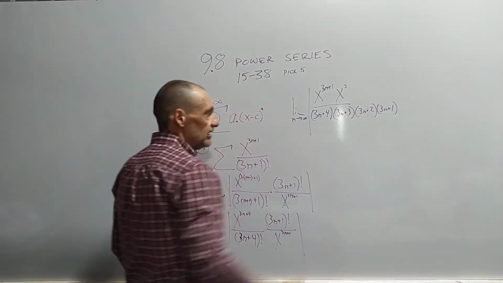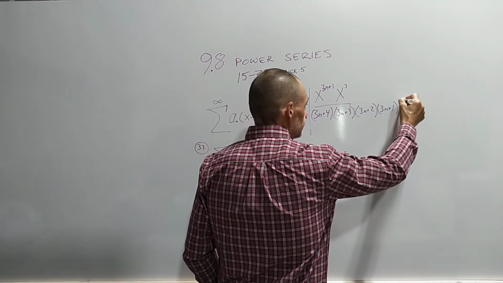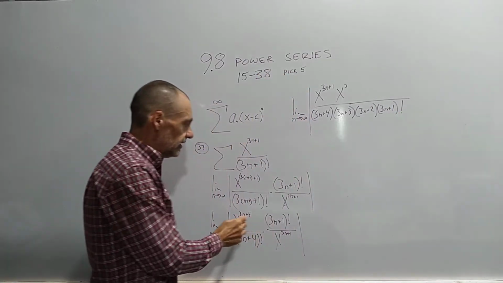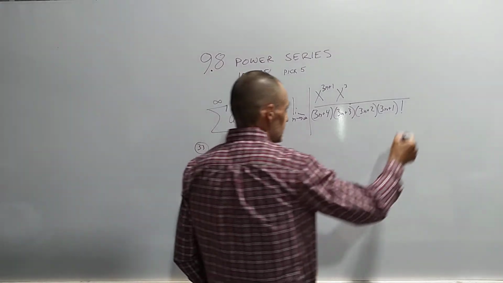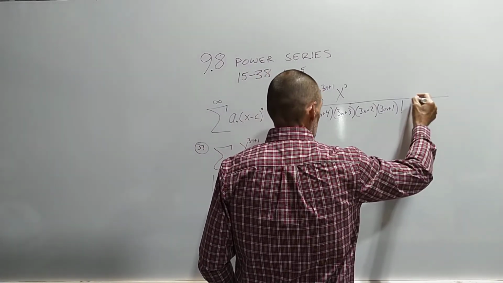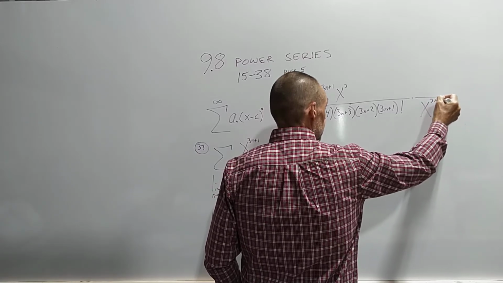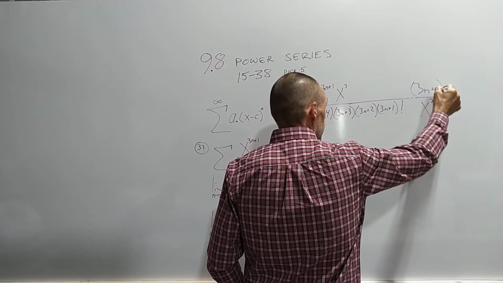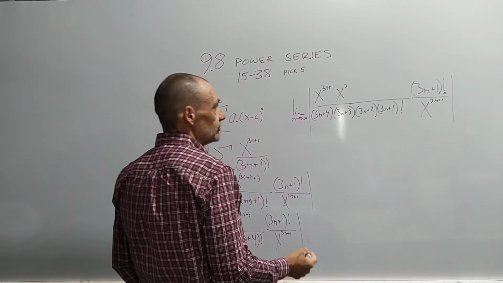If I continue this on down, I'm going to end up with (3n plus 1) factorial. That's my first fraction there. The second fraction stays the same: x to the 3n plus 1 over (3n plus 1) factorial, and now we can cancel.